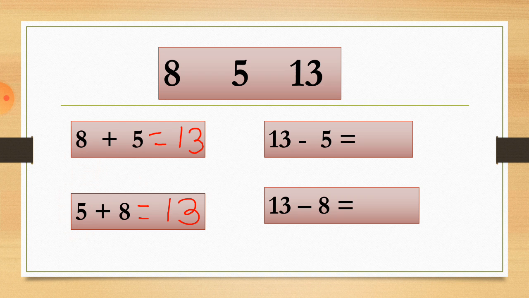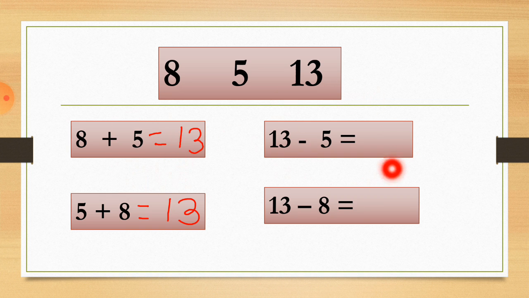So if you change the order of the numbers, it will not affect the answer. The answer will be as it is. As you see, here is the answer 13 and here also we get the same answer in this second row. Here we just swap the numbers. Here is 8 plus 5, and here we take 5 plus 8. So you will get the same number.